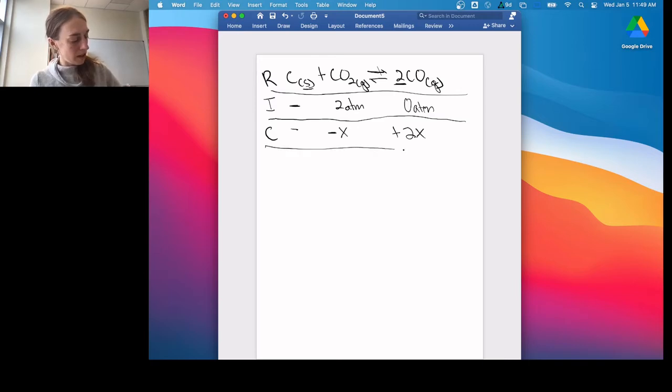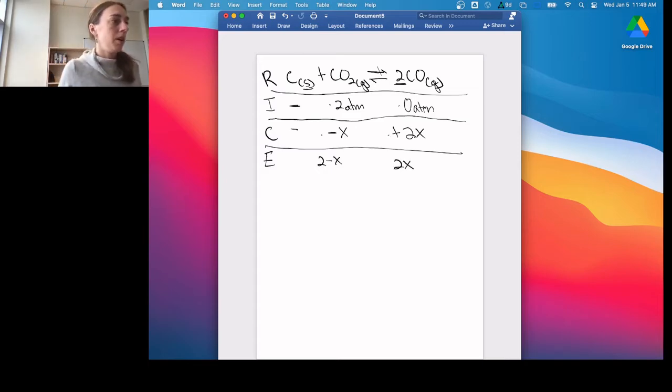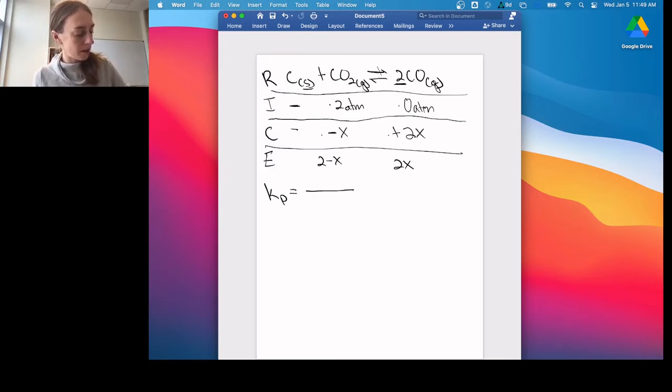And then at equilibrium, we have 2 minus x, and 0 plus 2x, so 2x. For our expression for the equilibrium partial pressure, again, we have products over reactants, so it is the partial pressure of carbon monoxide, and because we have a 2 again here, it is squared.